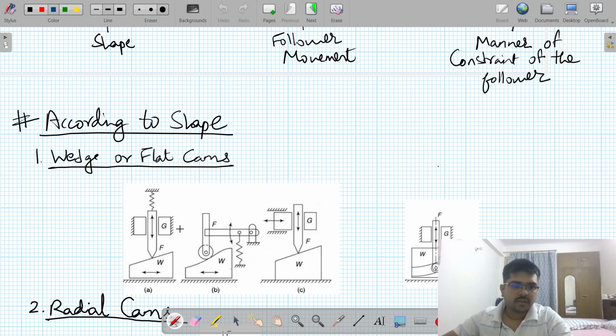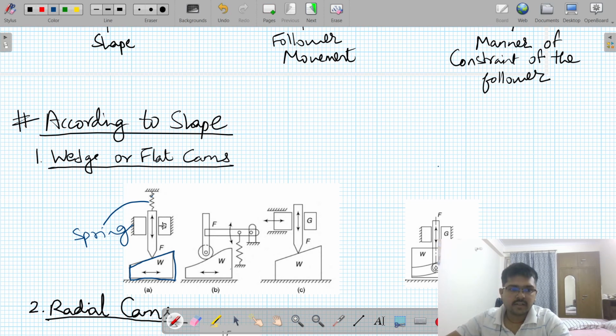This portion is a wedge on which there is a follower, called a knife edge follower, and it is supported by a spring.